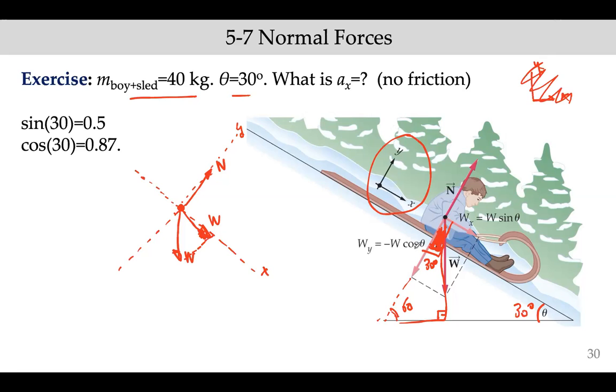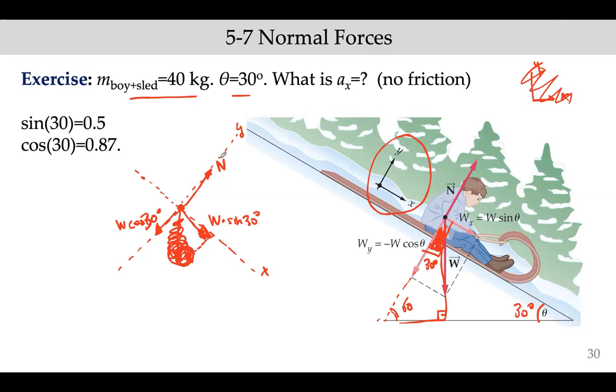If this is 30 degrees, then here we will use cosine, and here we will use sine. So this is going to be weight times sine 30 degrees, and this is going to be weight times cosine 30 degrees. Now I can get rid of this weight because I already got the components.